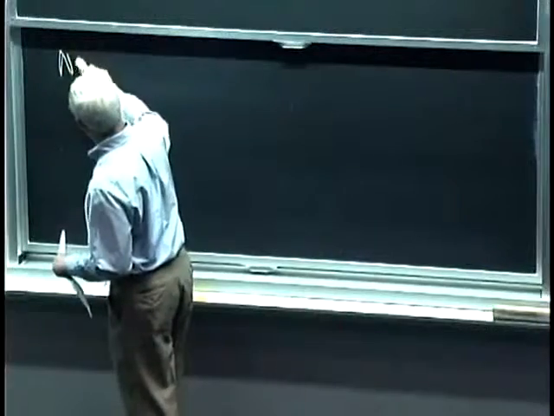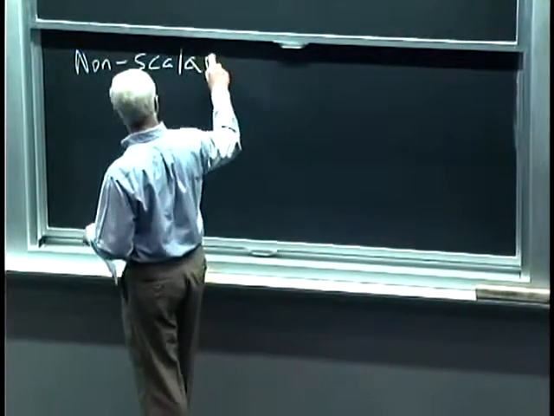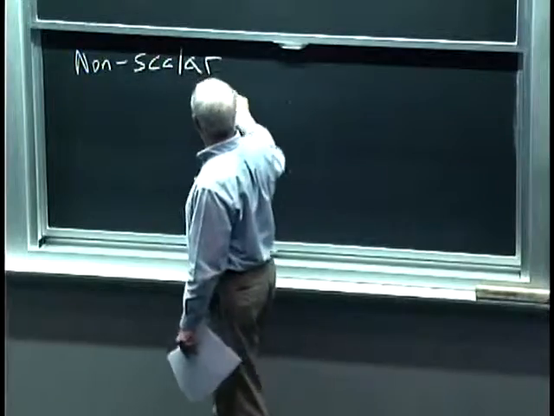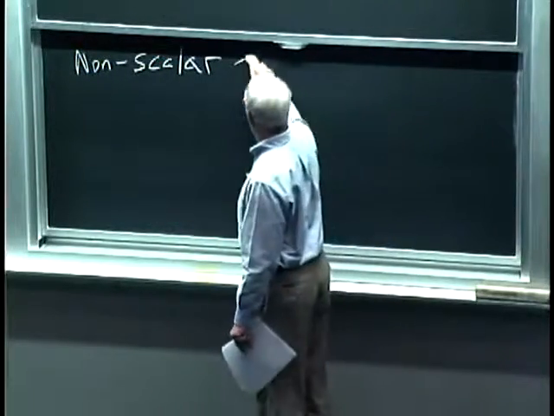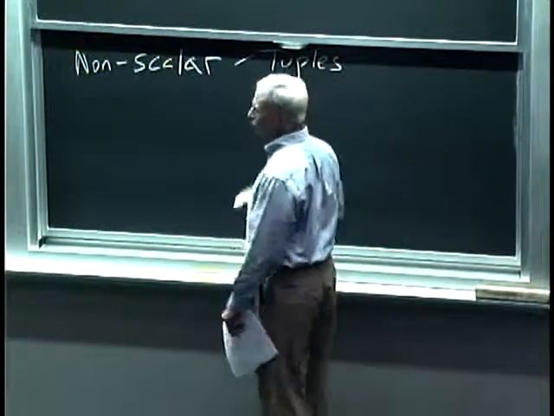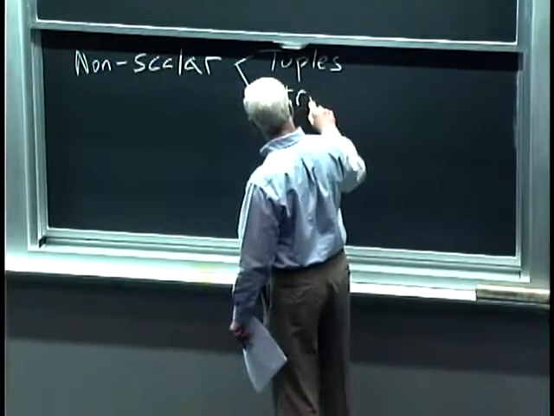So we've been looking the last couple of lectures at floating point numbers and integers. We've looked so far really at two non-scalar types, and those were tuples, written with parentheses, and strings.